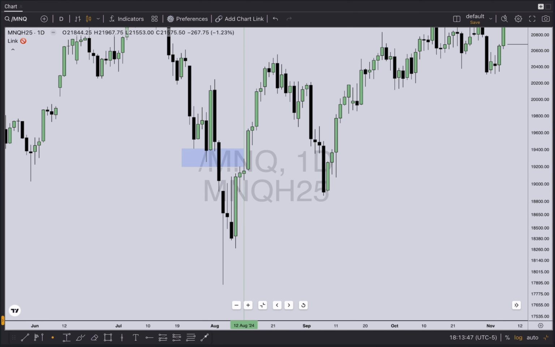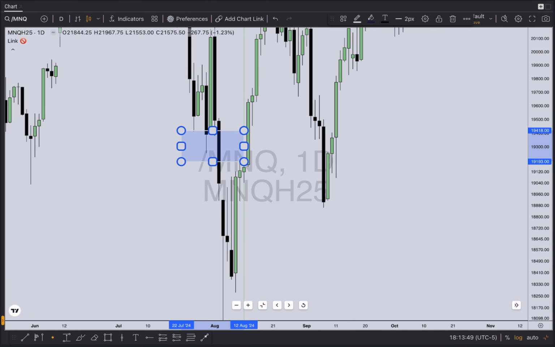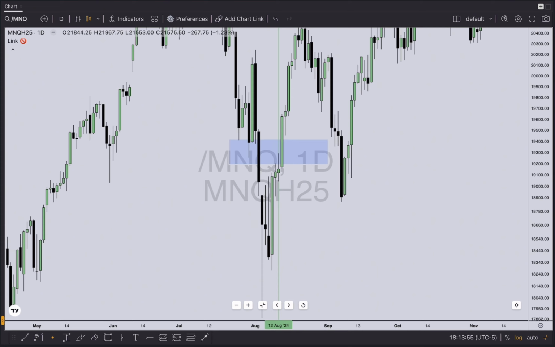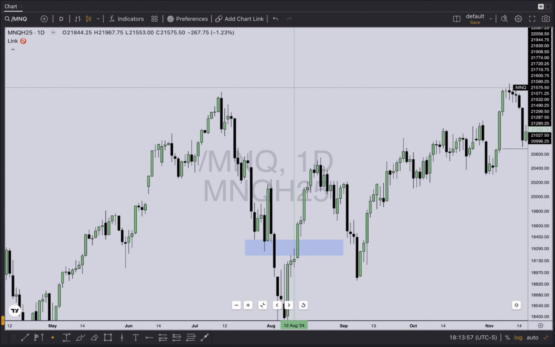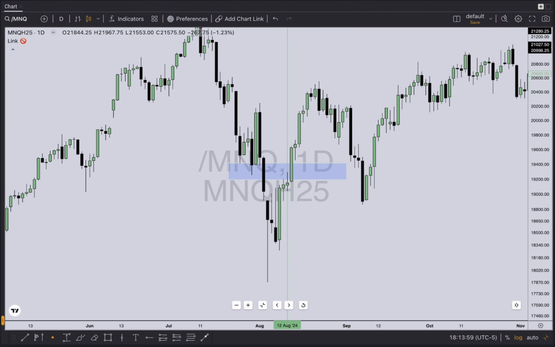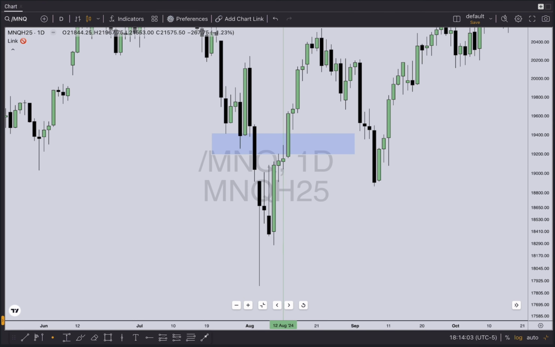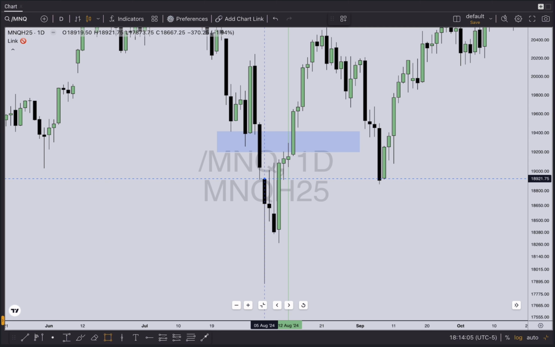So we can see here how this is the weekly SIBI, or sell side imbalance, buy side inefficiency, that we outlined, and we want to see price at least tap into and then maybe inverse and try to target higher time frame liquidity, right? Now, a very important note that we see here is on the daily chart, we also have another SIBI, right? This right here, including the volume imbalance, right?